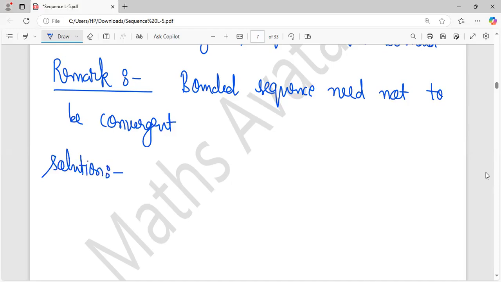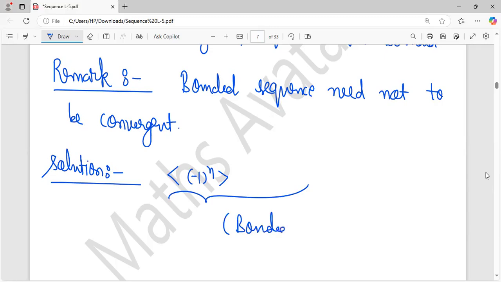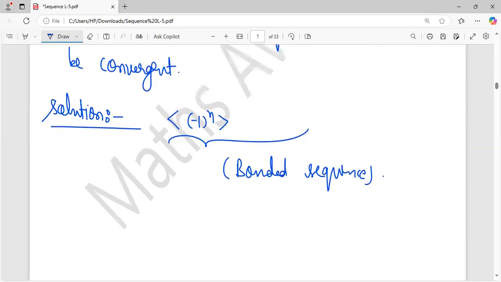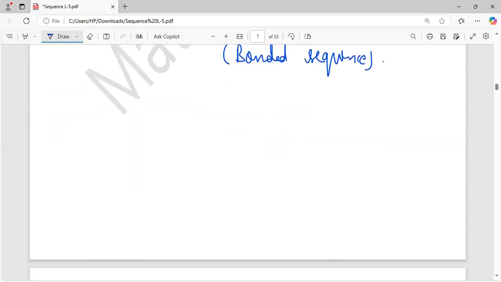You see this sequence, (-1) to the power n. This is a bounded sequence, but this sequence is not convergent.